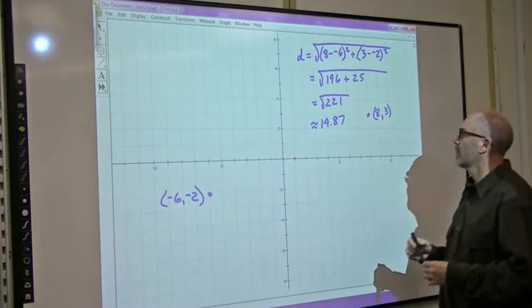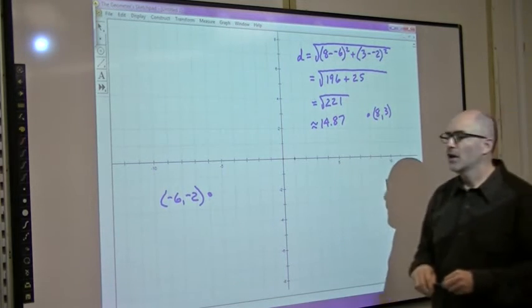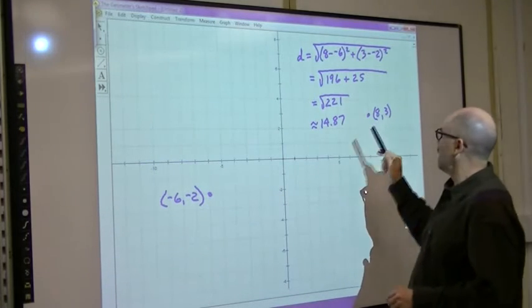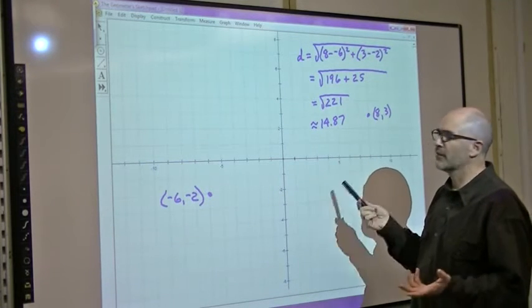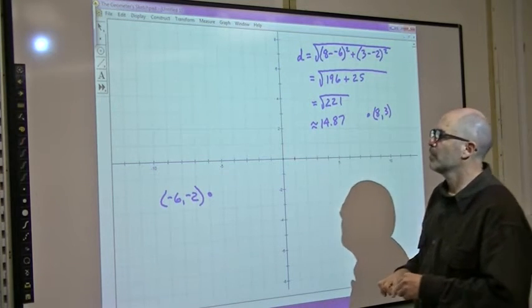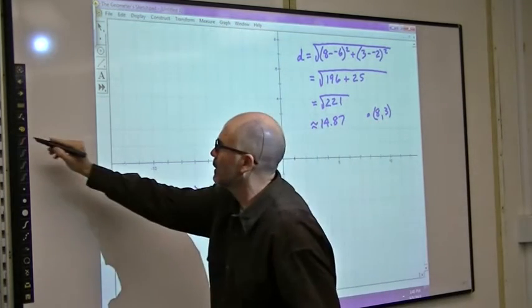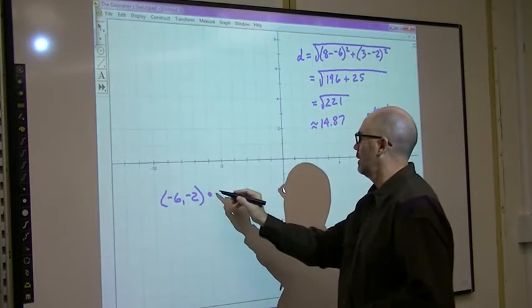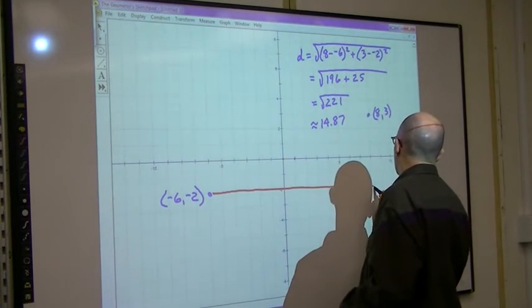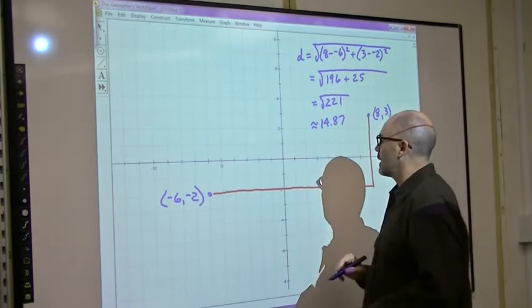Now, it's a simple matter of just examining this distance and realizing that 14.87, or almost 15, is realistic. The way I showed you to get this in the first place, not rocket science.